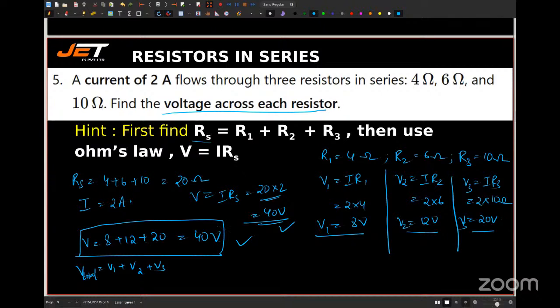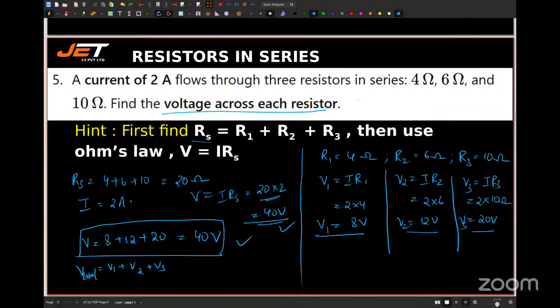Okay, Shobha, I'll try to explain once again. Three resistors in series are given, 6 ohms, 4 ohms, and 10 ohms. We have to find out voltage across each resistor.